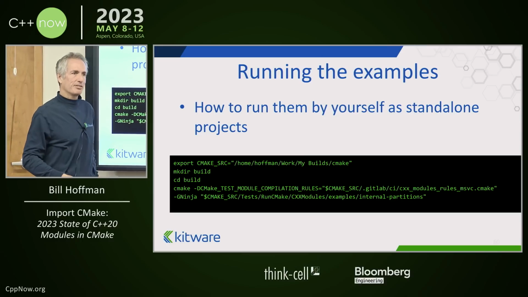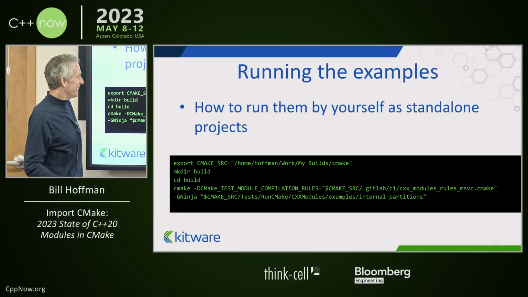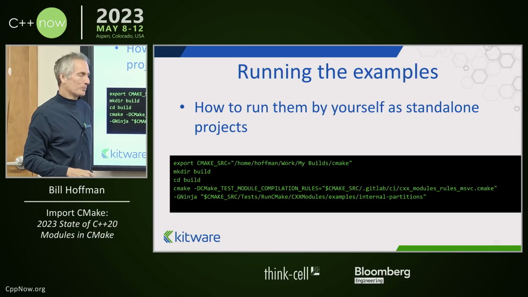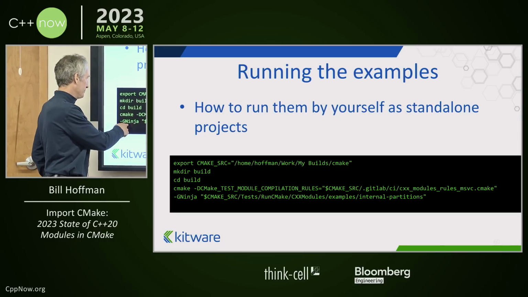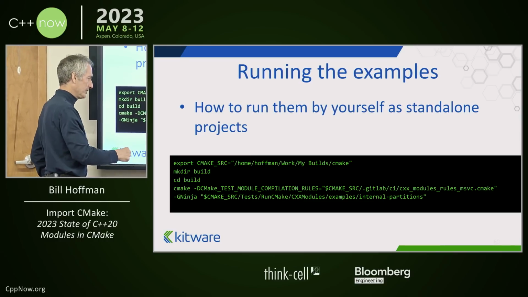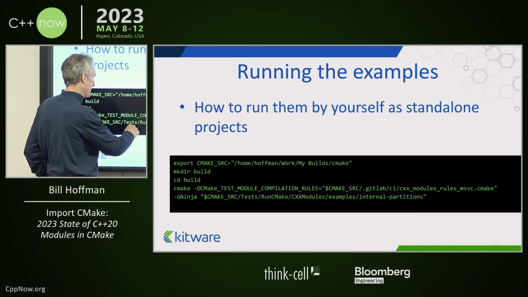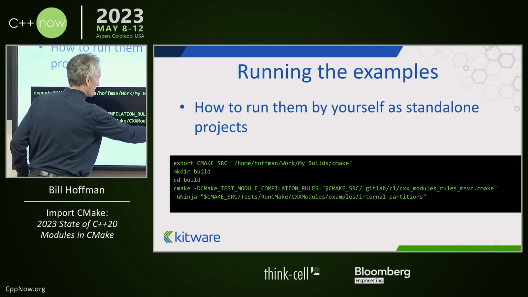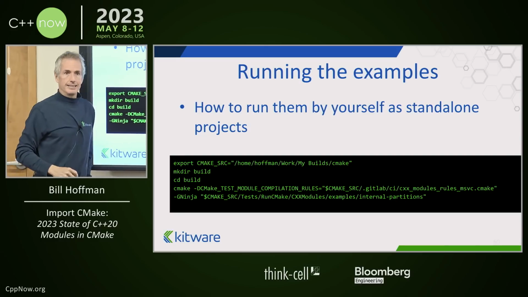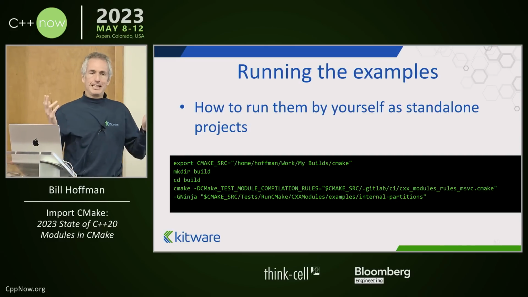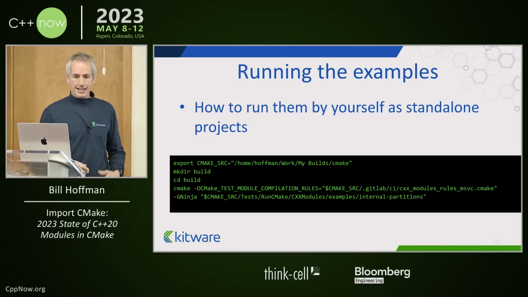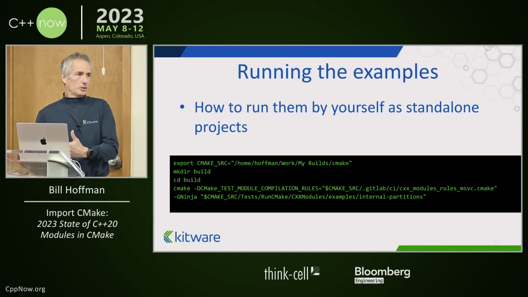Don't just copy what I have here unless you're using MSVC. But all the supported ones are going to be there. Give yourself the Ninja if that's what you're using. And then just give the CMake source and then go to test, run CMake, CXX modules, examples, like internal partitions. So take one of the examples and just essentially give that as your source tree.